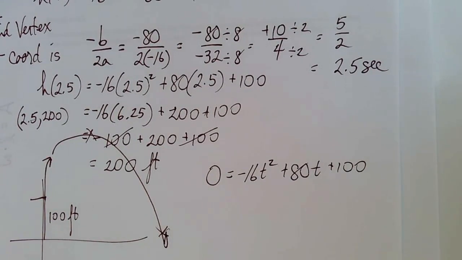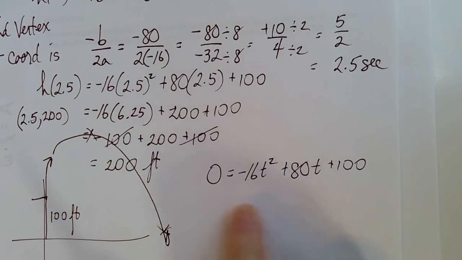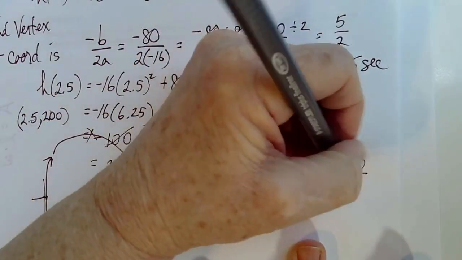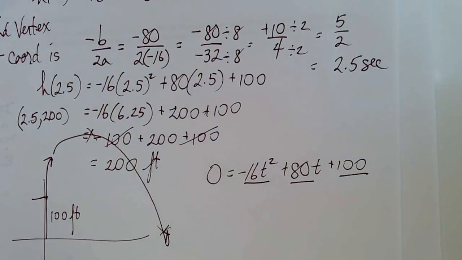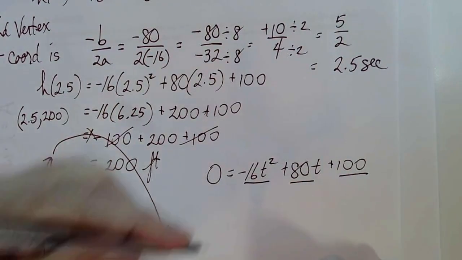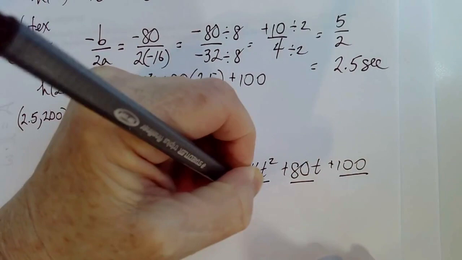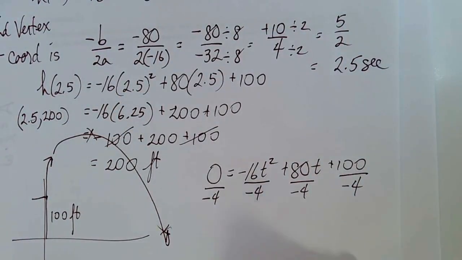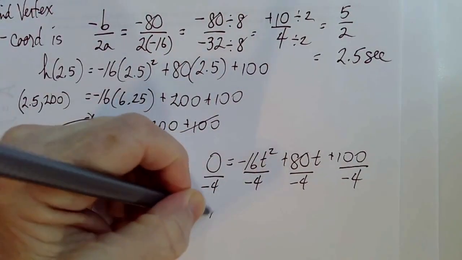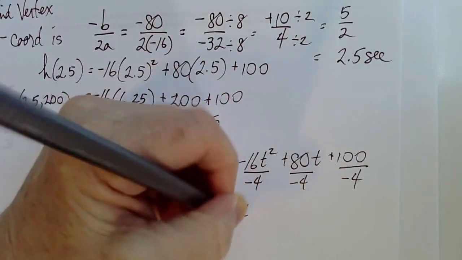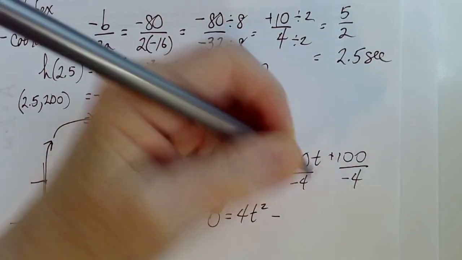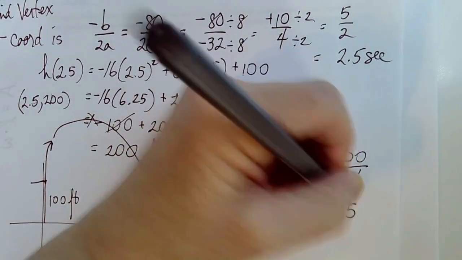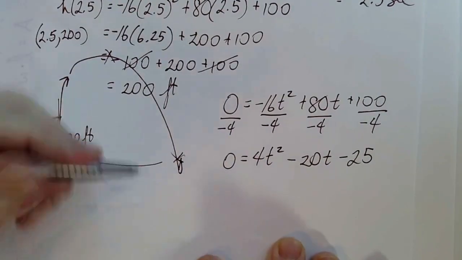But let's divide by negative 4 so that we end up with a positive a. The main reason is the quadratic formula has a in its denominator, and it's a little confusing if a is negative, whether or not your answer is positive. So this gives us 0 is equal to 4t squared minus 20t minus 25. And that's not so horrible.